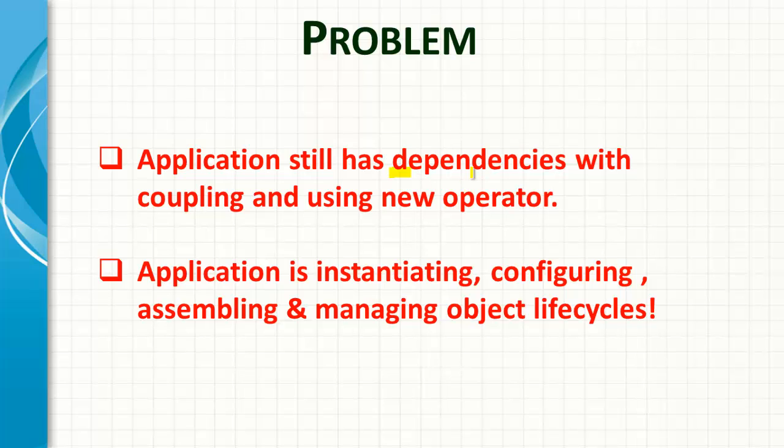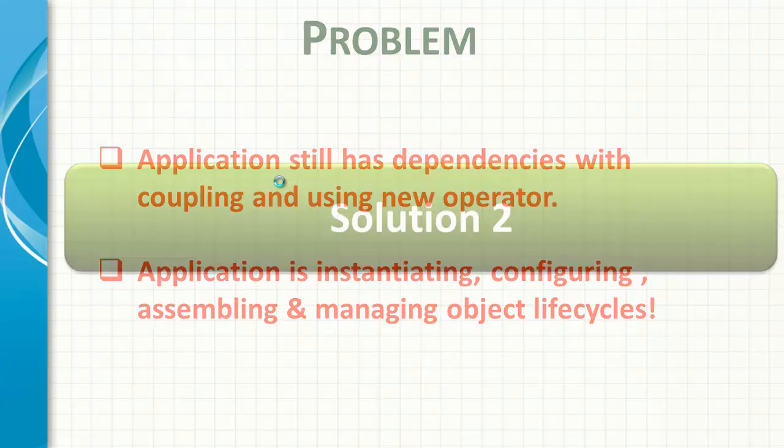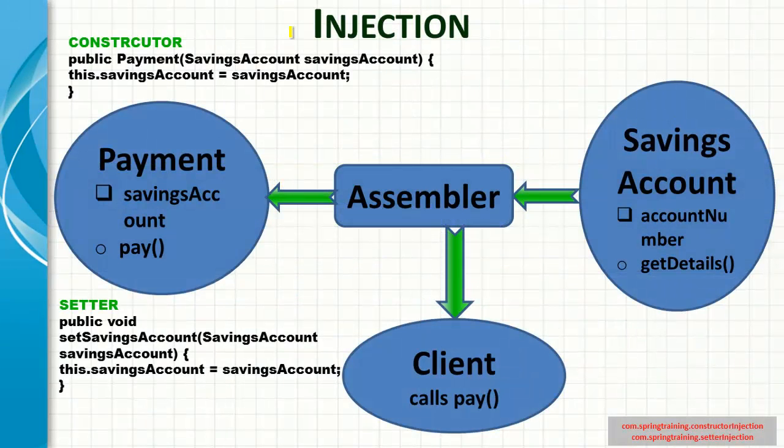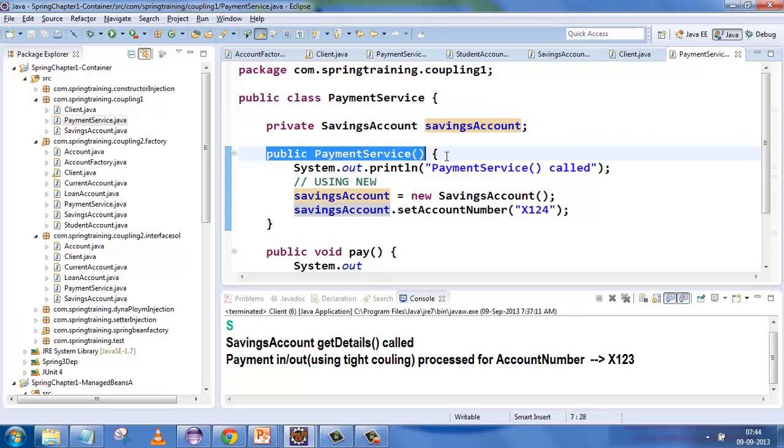Dependency coupling is slightly different from what we have already seen till now. Let's see a quick example. This problem is resolved by injection. What is injection? Someone will create the saving account and someone will provide you the saving account either in the constructor or in the setter.